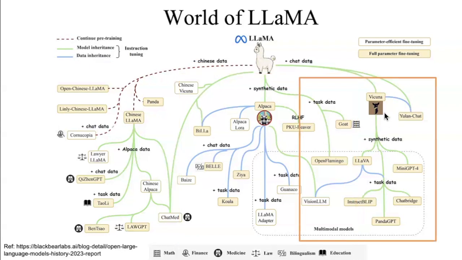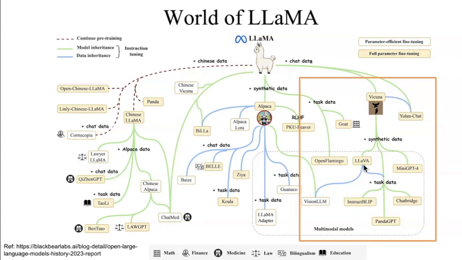The third branch, a very popular one, is called the Vicuna model. Vicuna again fine-tunes the LLaMA model on specific chat data, so it has better abilities to follow instructions. On top of that, they also dive into various other types, especially multimodal models.